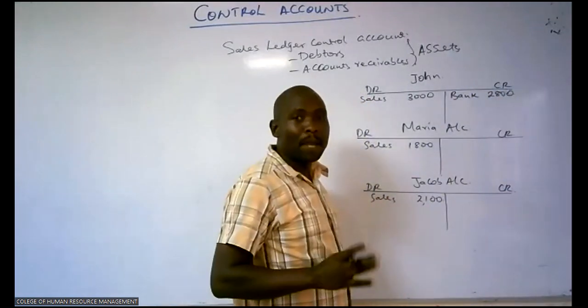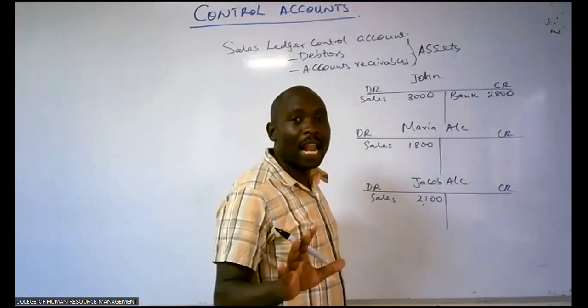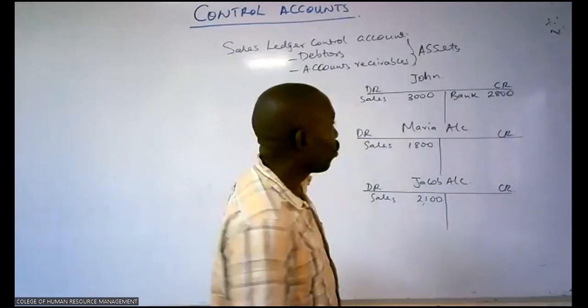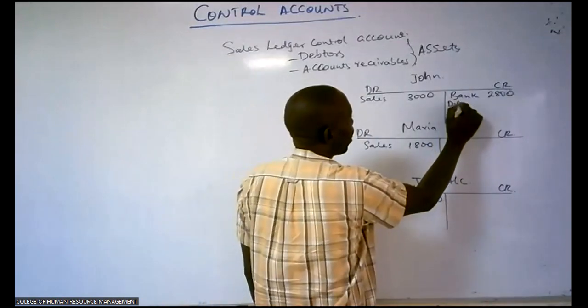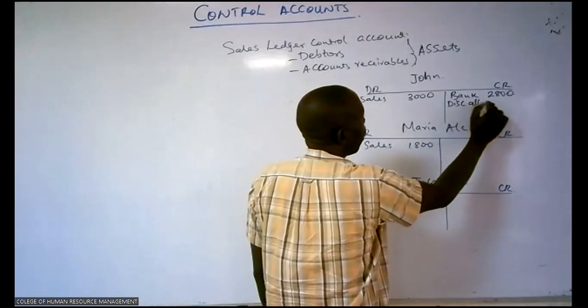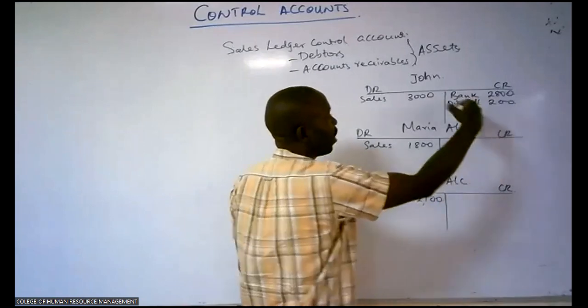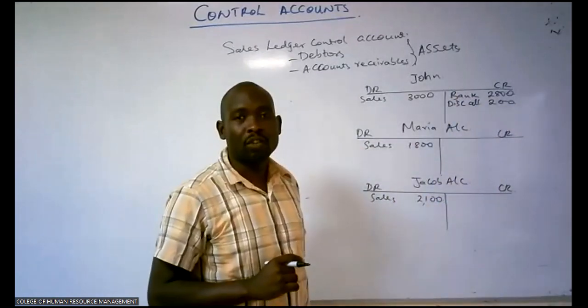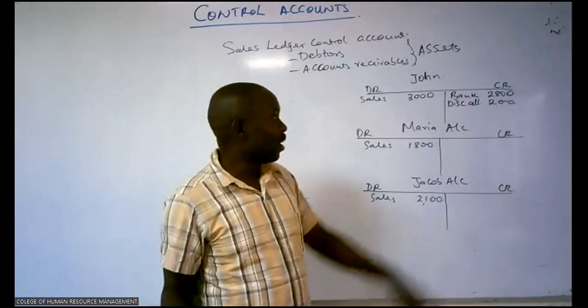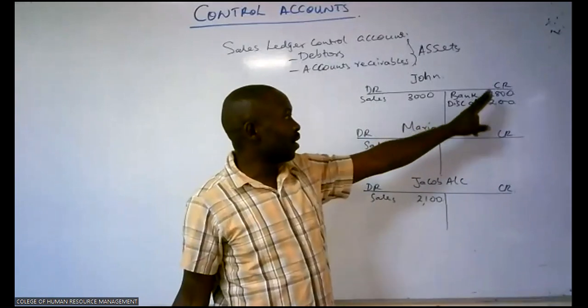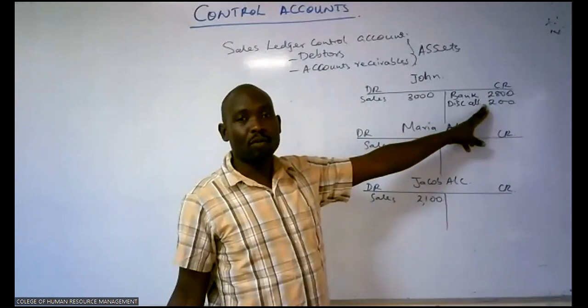And maybe by paying this 2,800, we have allowed a discount of 200. So we shall also record the discount of 200 such that these sides balance. So John does not have any debt now. He has paid 2,800 and enjoyed a discount of 200.